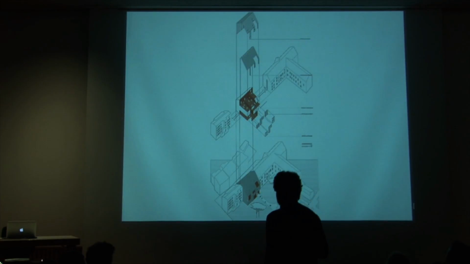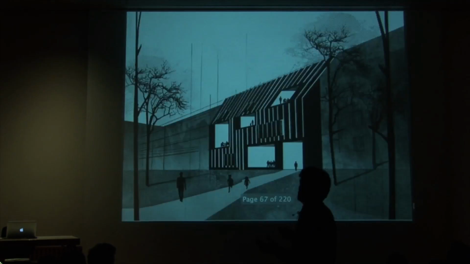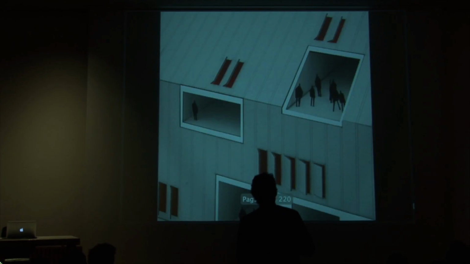So as you see in all the drawings, the project was to rebuild that volume, and we did not decide the shape of the project because it was already given.